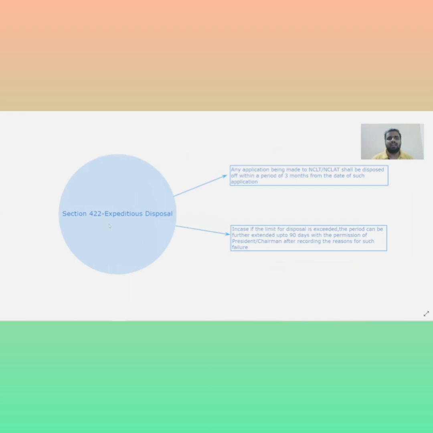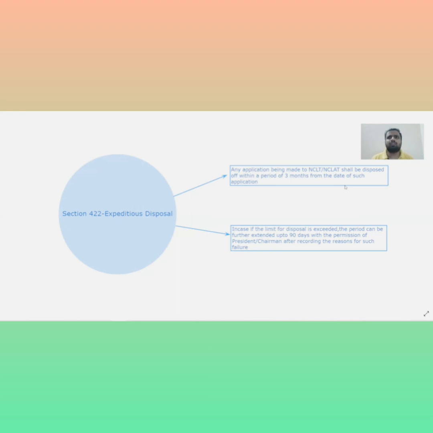Section 422, expeditious disposal. Now, expeditious sounds very flamboyant. To make it easier, expeditious means fast track, or doing something speedily. So now the responsibility is also on these tribunals. The NCLT and the NCLAT should dispose of the cases within 3 months from the date of such application.